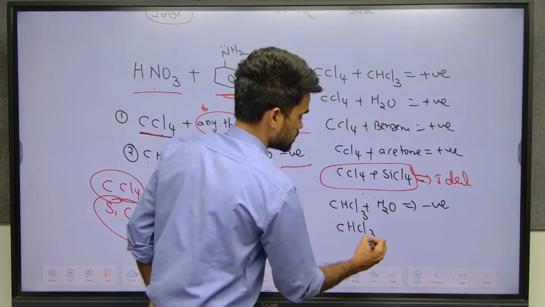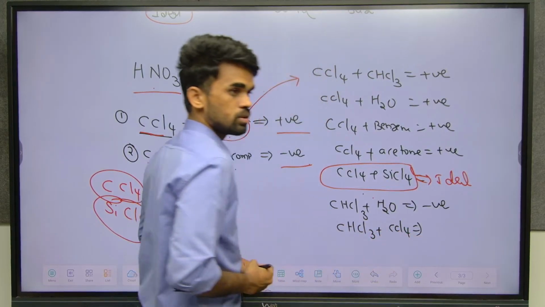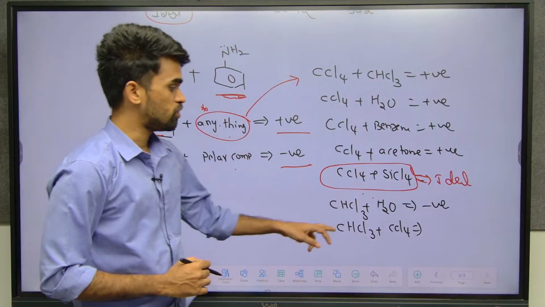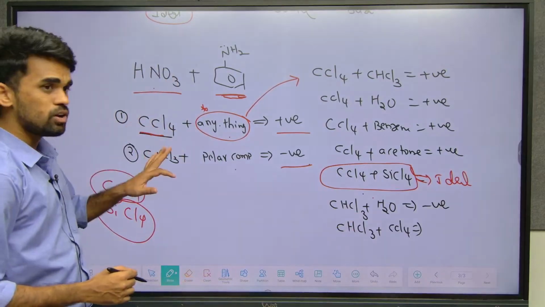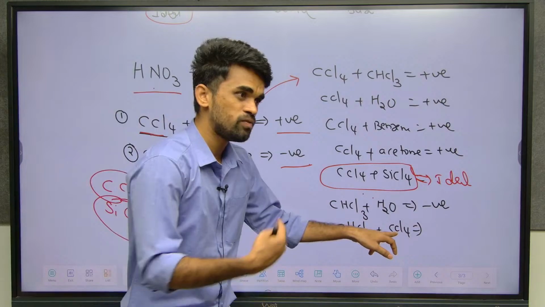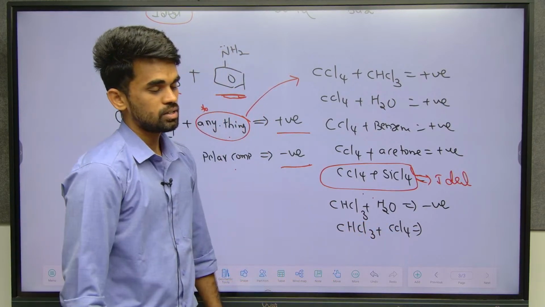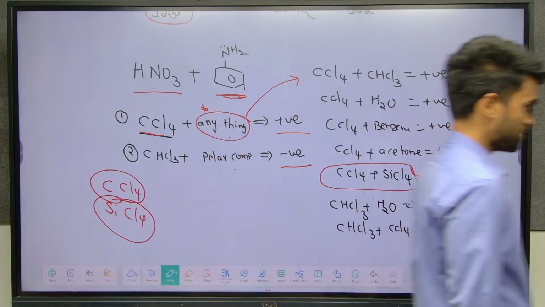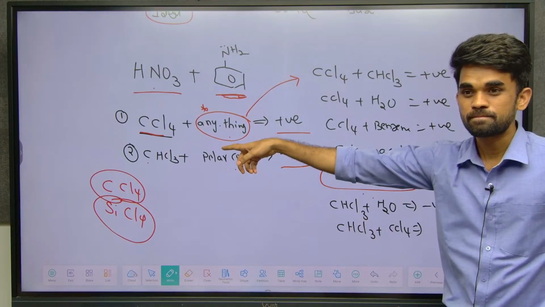Chloroform plus CCl4. What I told you, just follow this. If CCl4 is there, that should be first. Chloroform plus CCl4 or CCl4 plus chloroform, anything can be. Which of these two is on top? Chloroform.